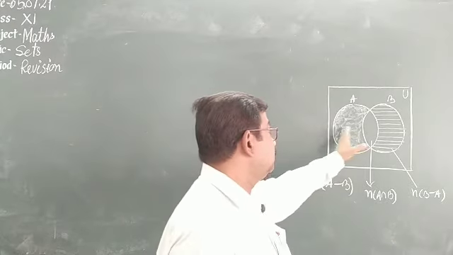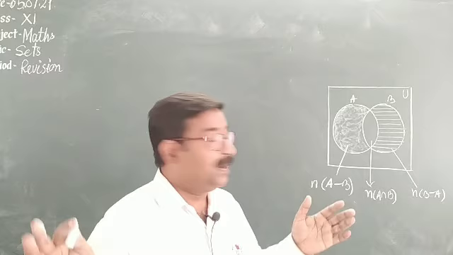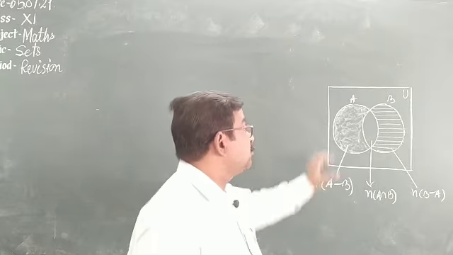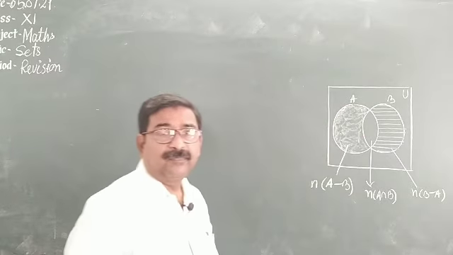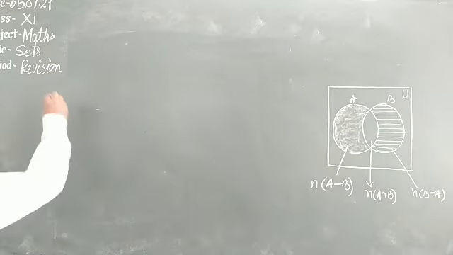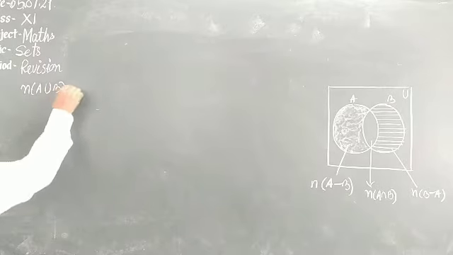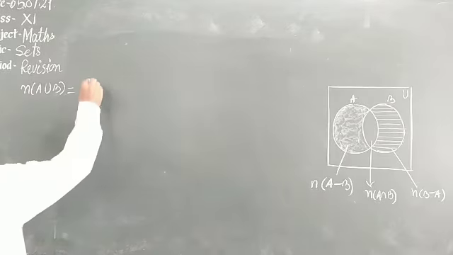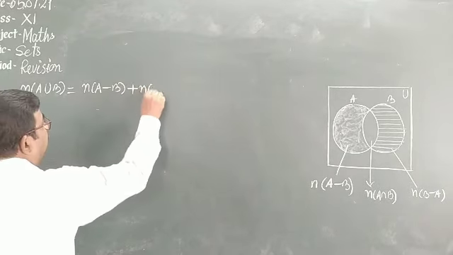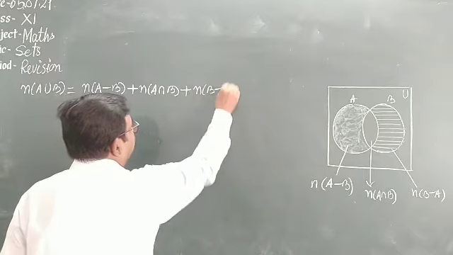We have A minus B, we have A intersection B, we have B minus A. When we combine all these 3 sections, these 2 circles are formed, and these 2 circles in the figure are A union B. So when we write the formula, N(A union B) is equal to N(A minus B) plus N(A intersection B) plus N(B minus A).